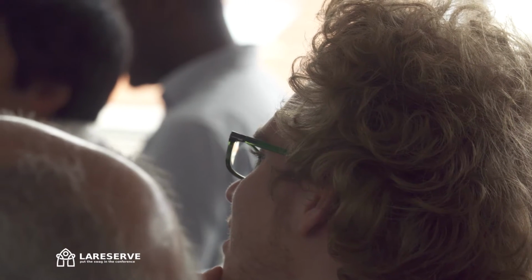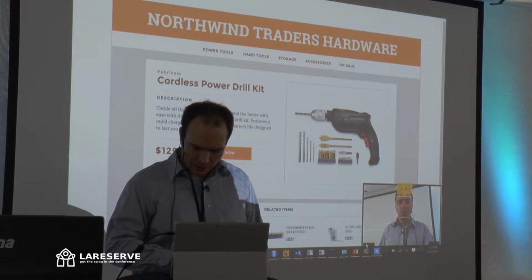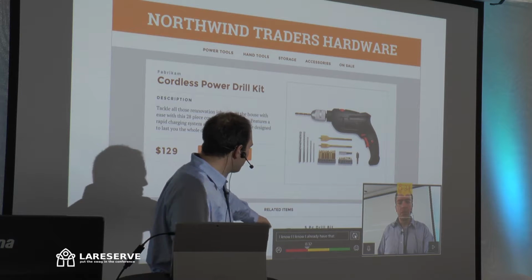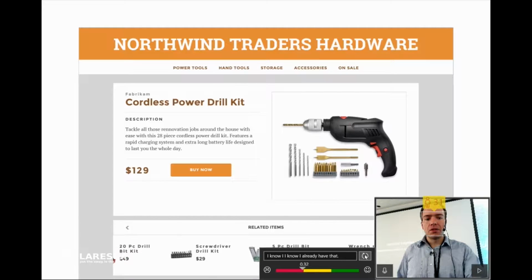So if they showed me something different, no, I already have that. And this is now sentiment. It's identifying that whatever I said was expressing some kind of negative sentiment about that.